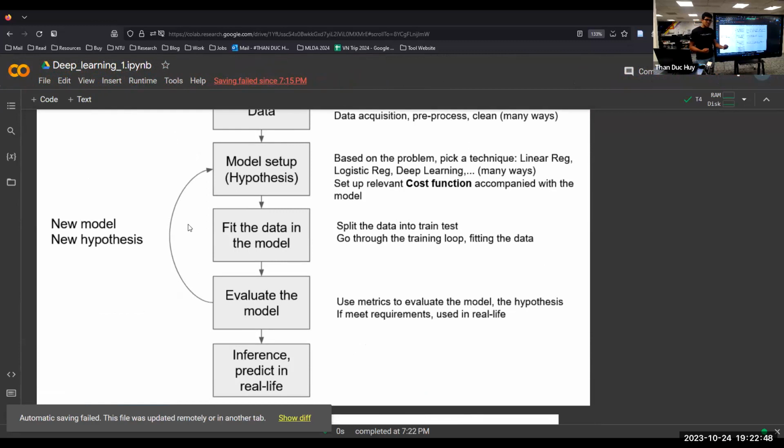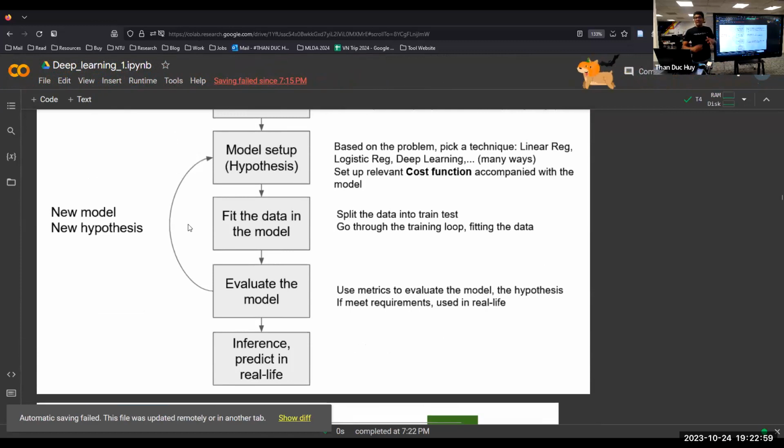It can be a regression problem. It can be a classification problem. We figure out what the problem is, and then we choose the model for that specific problem. Then we make the model, fit the data in the model, evaluate the model, get the cost function, and then keep on updating the model until it becomes better at what it does.